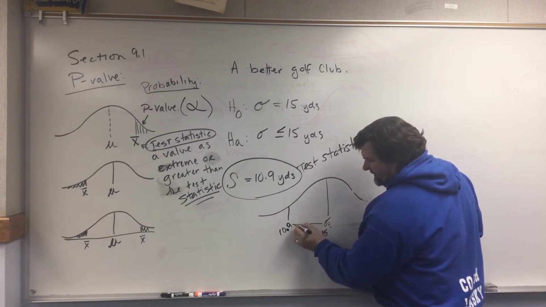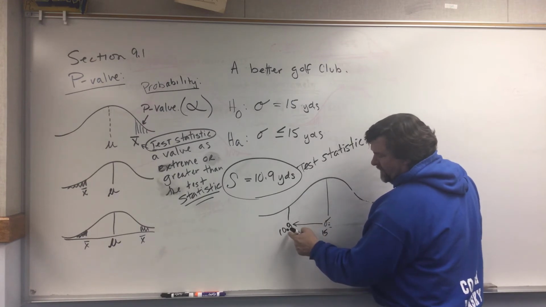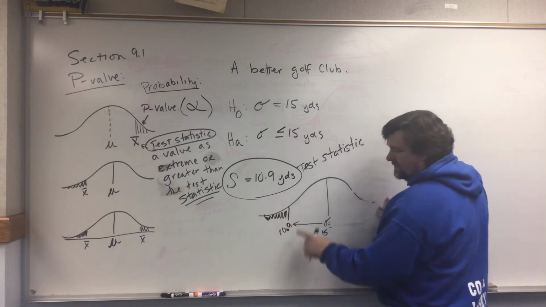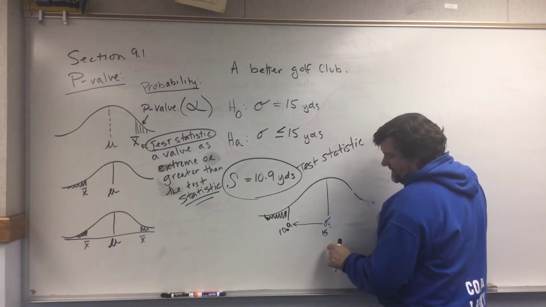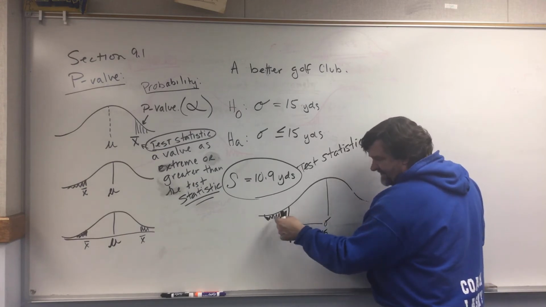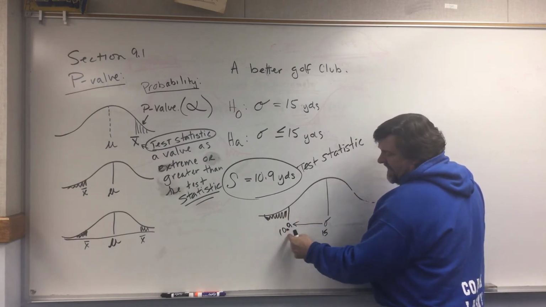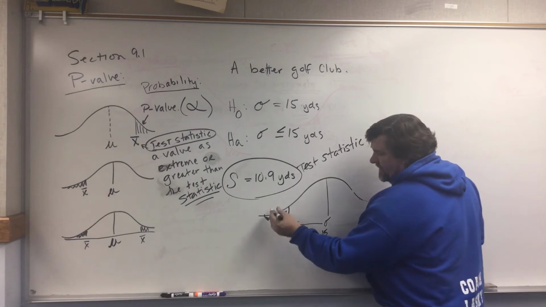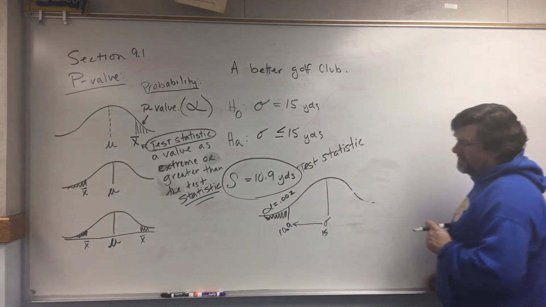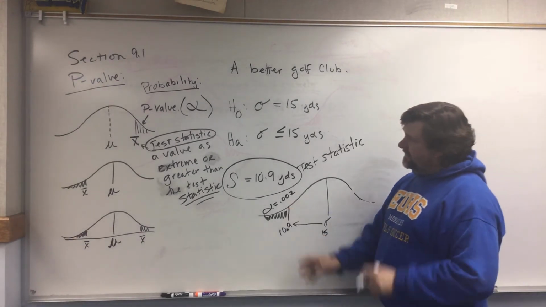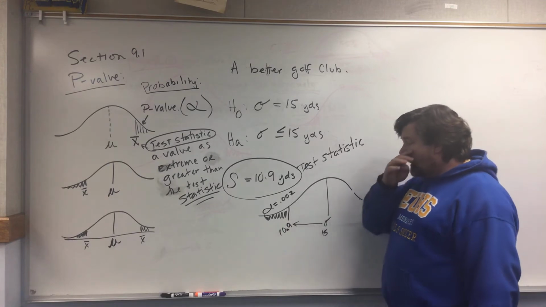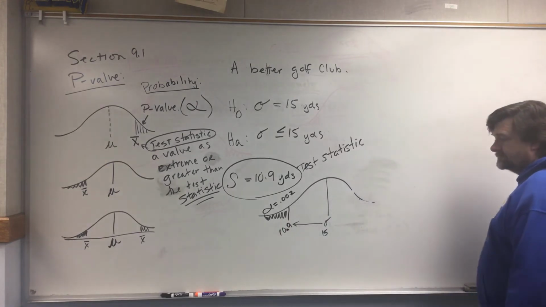What's the probability that 10.9 or greater or less than is going to happen? What's the probability that it's going to land out here at lower than 10.9? Well, they give you alpha is equal to 0.002. Okay? So they tell us the p-value, the probability of getting below 10.9 is 0.02%, right?